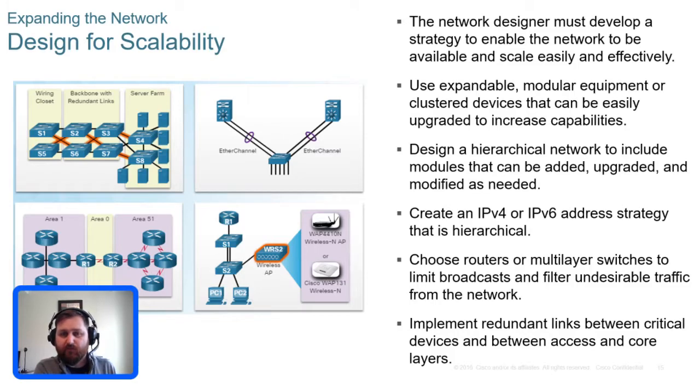That can be a problem too. It can cause potential bottlenecks. And then you also have to factor in all these other things, like, okay, well, can they support EtherChannel? What can they do? Can I configure redundant links? So that's a lot of issues.